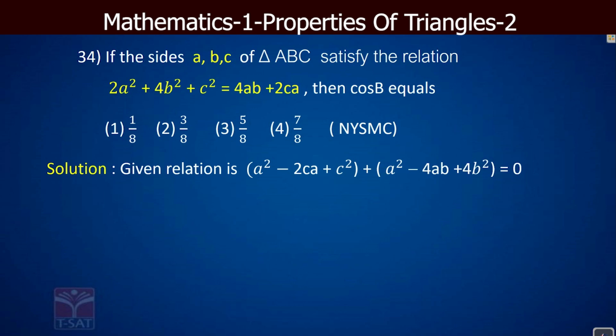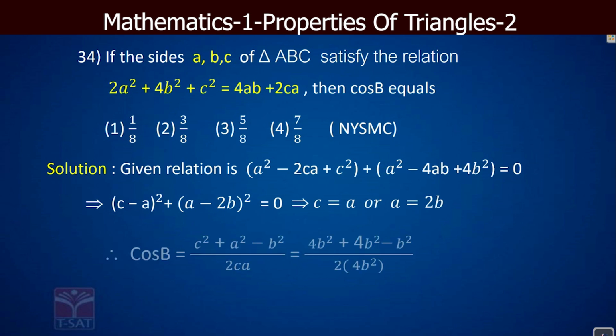So, the hypothesis 2a square plus 4b square plus c square is equal to 4ab plus 2ca, we can write as (c minus a) whole square plus (a minus 2b) whole square equal to 0. Because if you bring the right hand side to the left hand side, you will have a square minus 2ca plus c square plus a square minus 4ab plus 4b square equal to 0, which indicates that (c minus a) whole square plus (a minus 2b) whole square equal to 0. So, therefore, c is equal to a and a is equal to 2b.